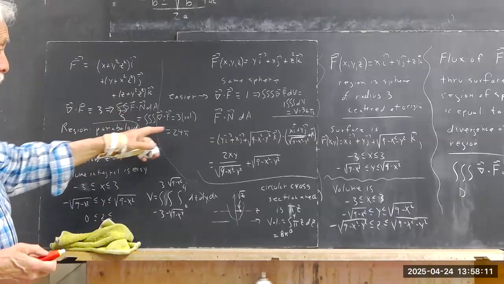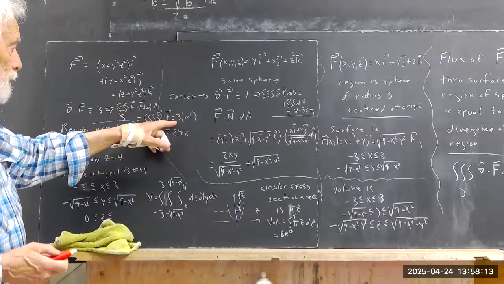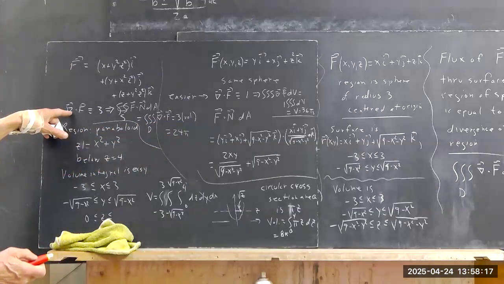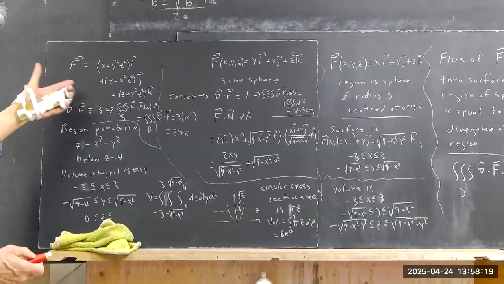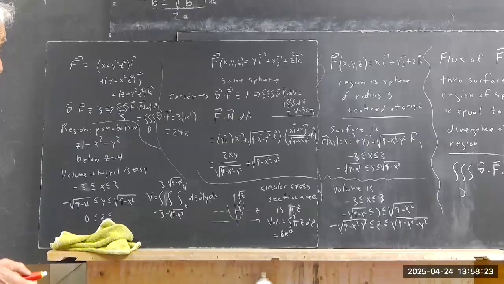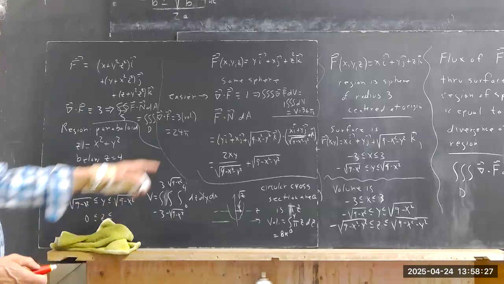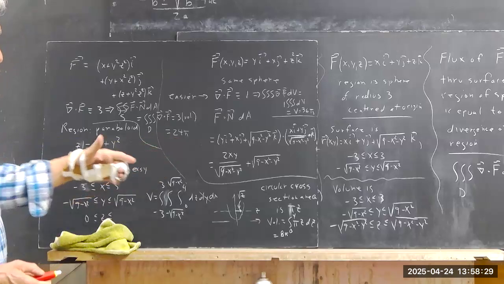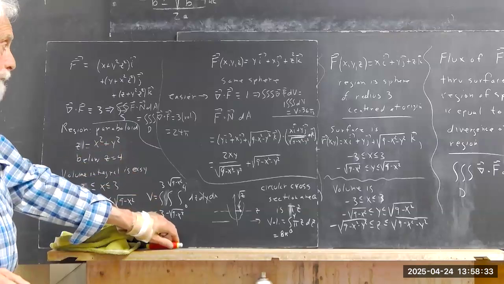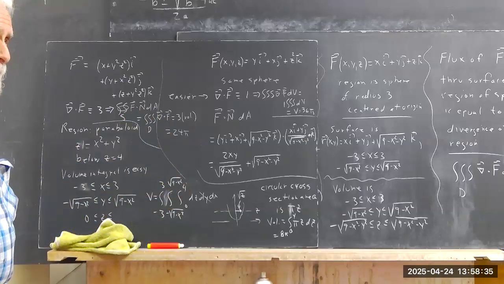But it just means that you triple the volume of the solid, the paraboloid. You get this, which equals the integral over there. Okay. And the area integral, the F dot N thing, is going to be a little more complicated. Okay.